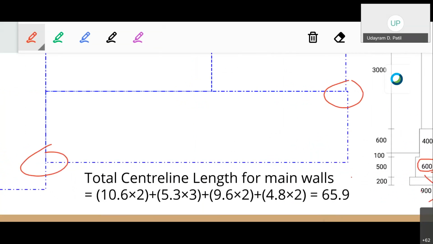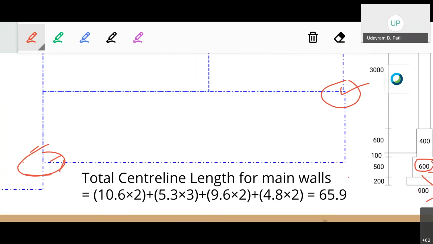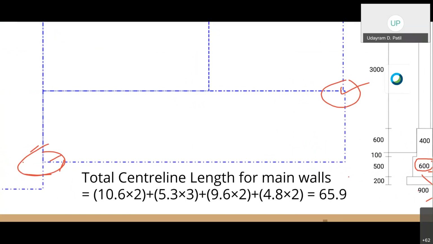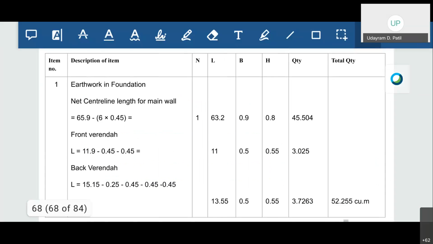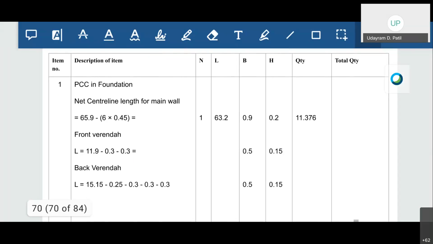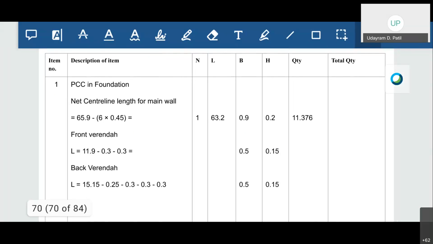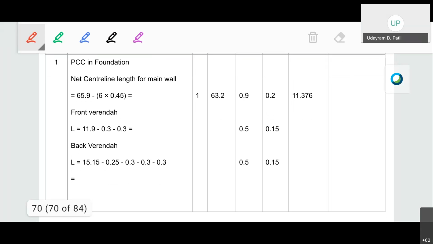Therefore we have to deduct half of the 600 for this particular section and half of the 0.6 for this particular section for the front veranda wall. Therefore again, the total center line length you have is 11.9 for the front veranda, deducting half of the 0.6 for one side and half of the 0.6 for the other junction. That will give us the net center line length for the front veranda.